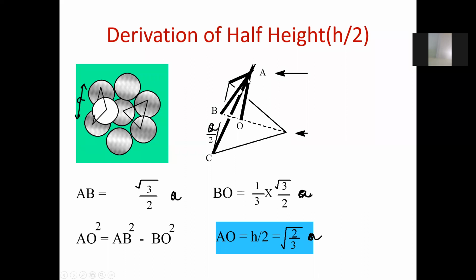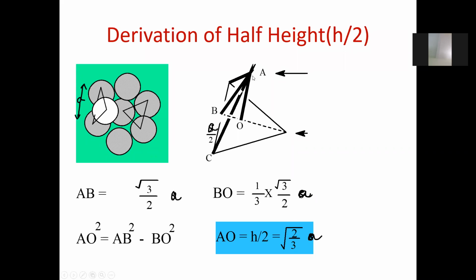So this is one equilateral triangle standing slantingly, and this one is another equilateral triangle standing horizontally. This is slanting because this sphere is sitting on the groove of this sphere. So this BO is 1/3 of this height, root 3 by 2 a. And this AB is another, this is another equilateral triangle.